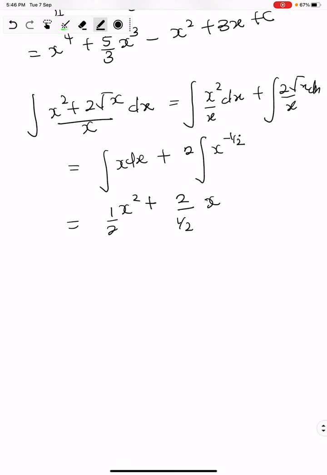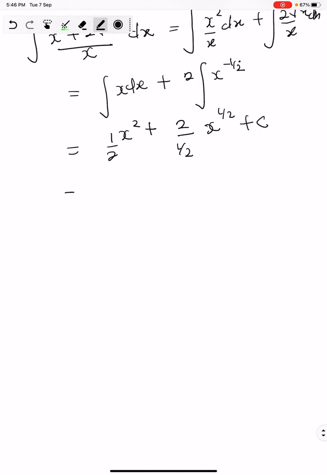Then we have x to the power 1 over 2 plus c. So this is equal to x squared over 2, plus 4 x to the power 1 over 2, plus c.